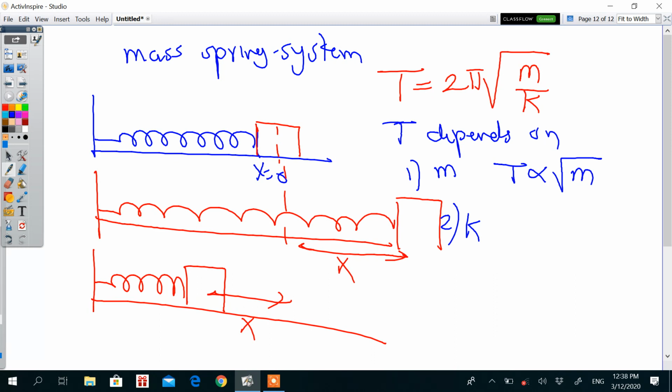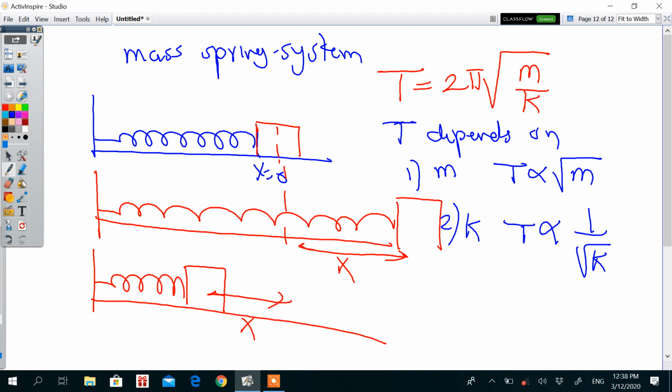Number two, K, the spring constant, sometimes called the force constant. T is inversely proportional to the square root of K. Generally, as the mass increases, T also increases. But as K increases, T decreases.